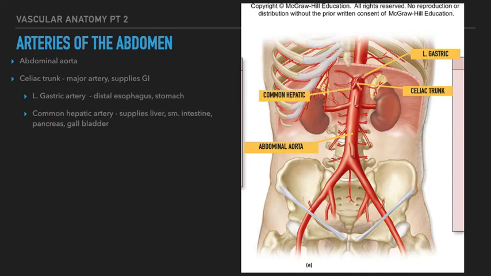It will also give a branch called the common hepatic artery. This is a short blood vessel that will supply the liver, the pylorus of the stomach, the duodenum, the pancreas, and the gallbladder with oxygenated blood. And then the third branch is the splenic artery, and it will supply blood to the spleen.